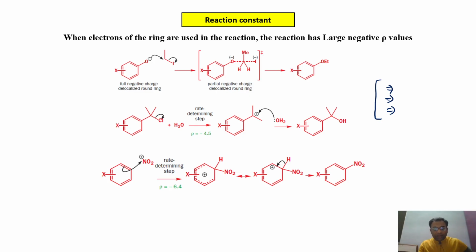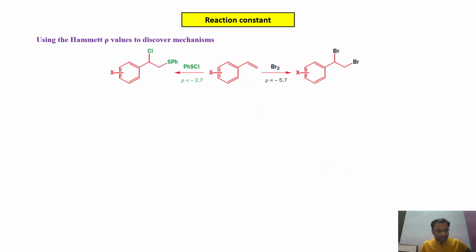Okay. In the next slide, we will discuss the use of the Hammett rho value to discover the mechanism. So the Hammett rho value plays an important role in determining the reaction mechanism. Here we consider this as the first reaction and this as the second reaction.